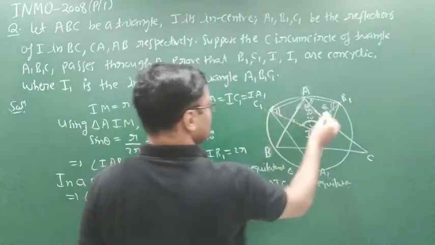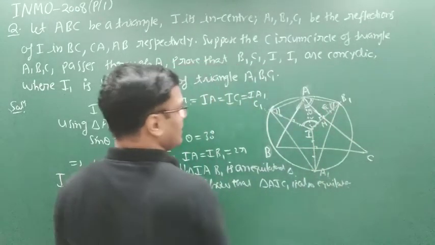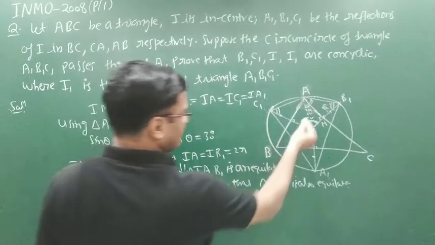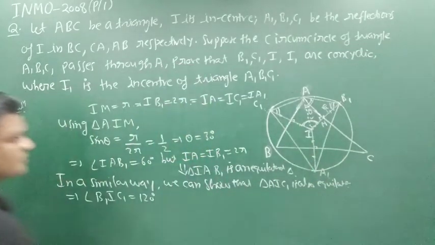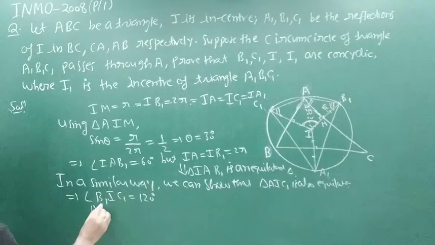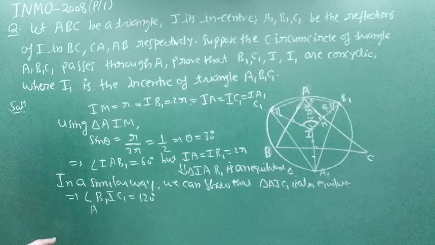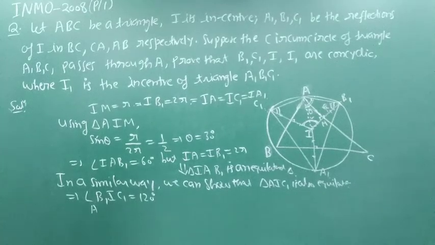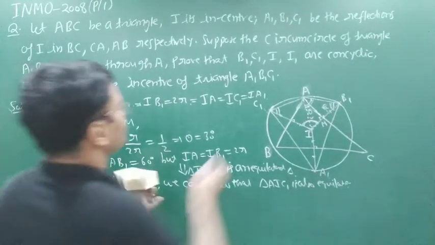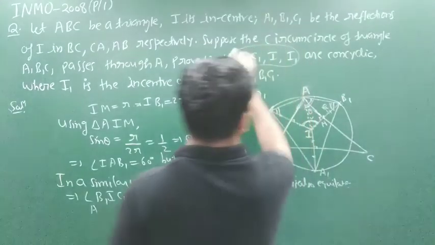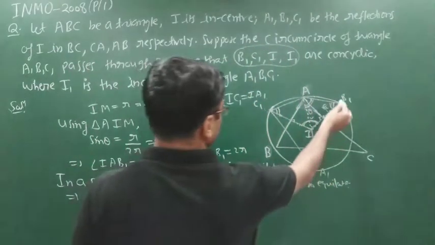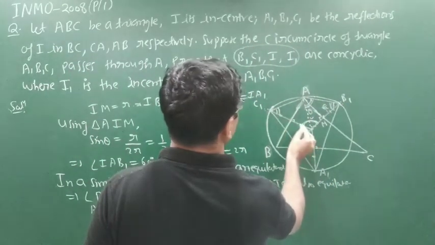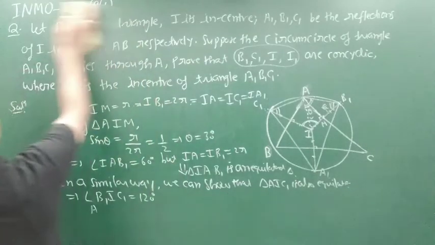This angle is 60, this angle is 60, and since these two triangles are equilateral, we can also write AI. There is a lack of space, so I am going to drop this problem, and this is the result which I have to prove: B1, C1, I1 are concyclic.